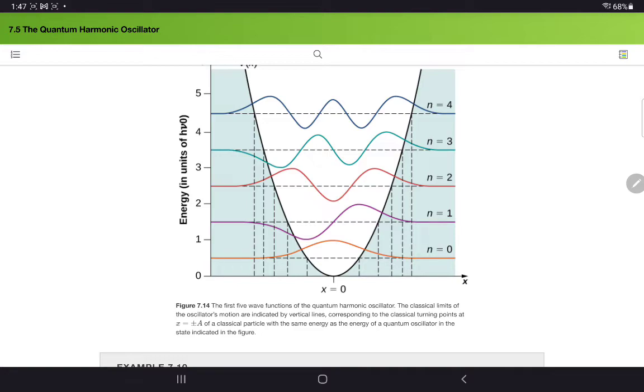But as soon as you go to n equals 1, which is an odd number, the wave function becomes odd. It turns out that this is generically true for the harmonic oscillator. If the quantum number is even, like 0, 2, or 4, your wave function is symmetric about the origin. But if it's odd, then the wave function itself is odd.